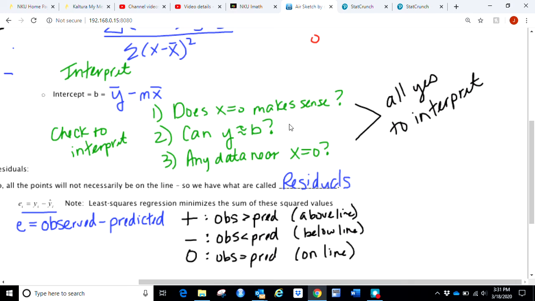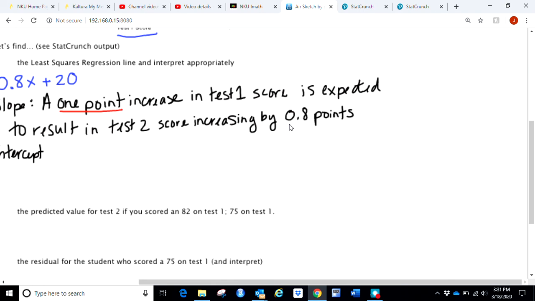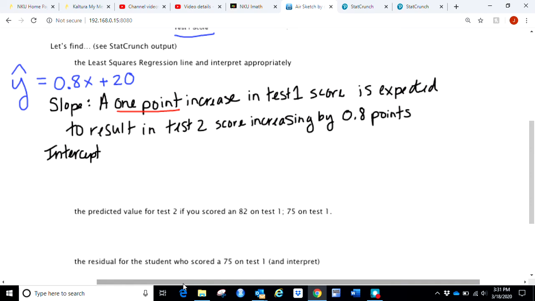The first one is, does x equal 0 make sense? Well, here our x is the test 1 score. So can I have a test 1 score equal to 0? Is that possible? It's possible. Not a good score, but it's possible.